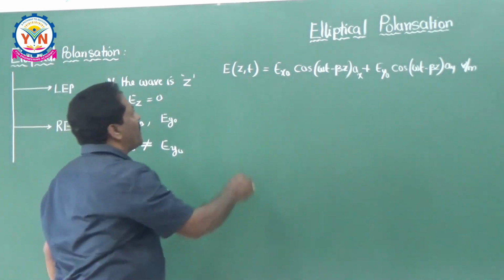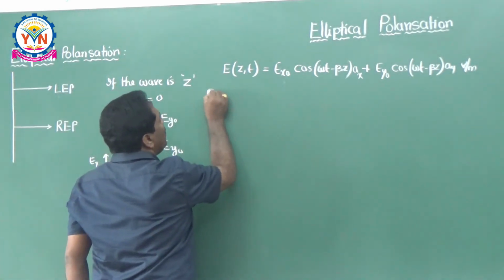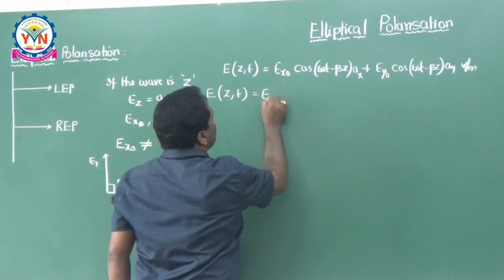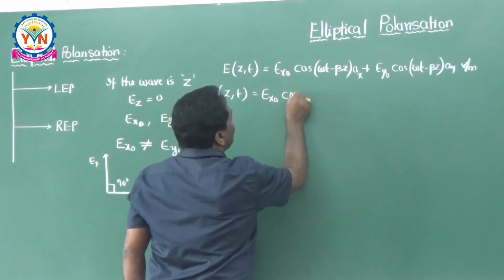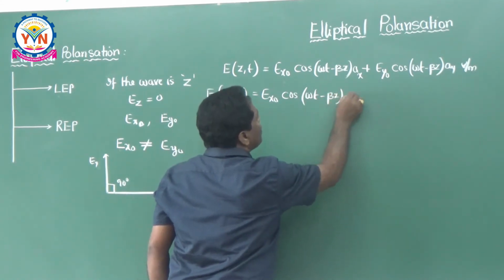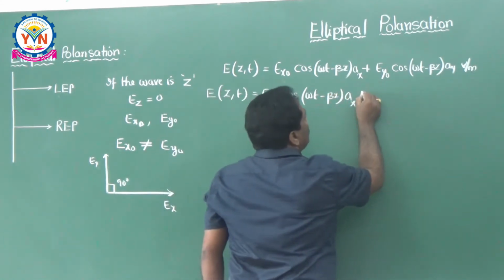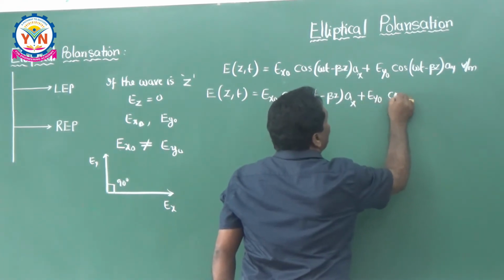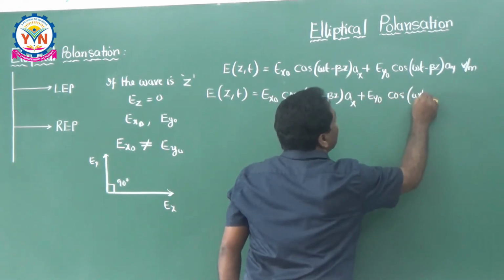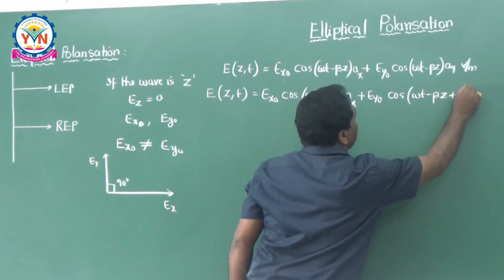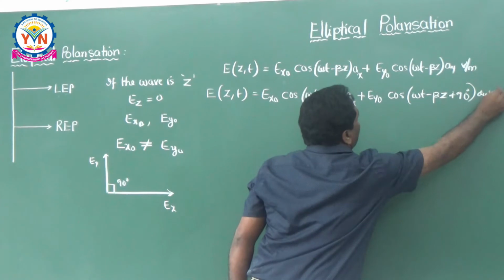So I can write E of z comma t is equal to Ex naught into cos of omega t minus beta z into Ax plus Ey naught into cos of omega t minus beta z plus pi by 2, meaning plus 90 degrees, into Ay volt per meter.